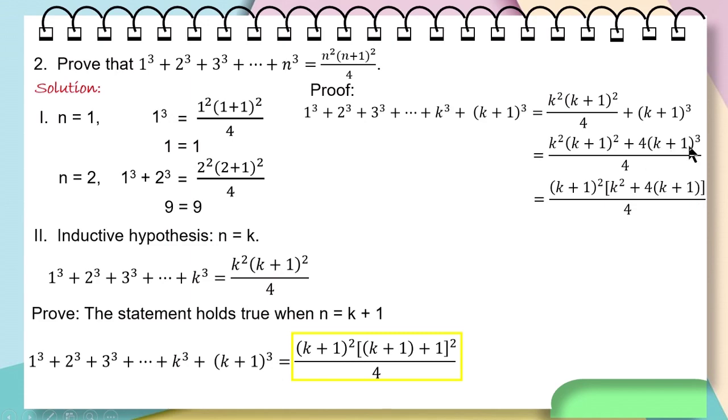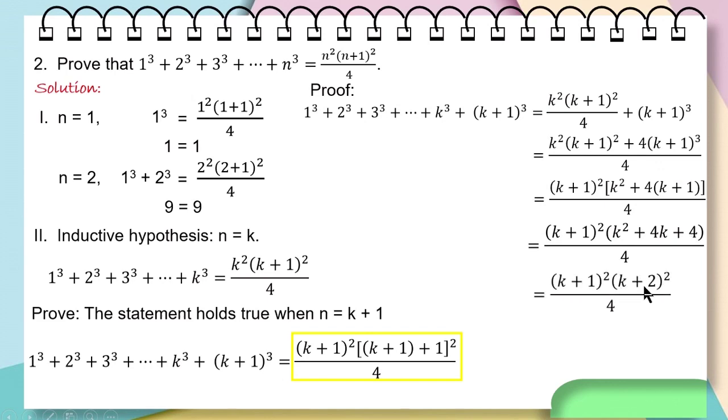Again, meron pang isang k plus 1 na factor dito since we just factored out k plus 1 quantity squared. Then we distribute 4 to k plus 1. We have 4k plus 4. Next, we factor k squared plus 4k plus 4, and that is k plus 2 quantity squared.